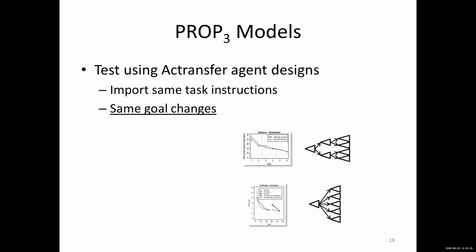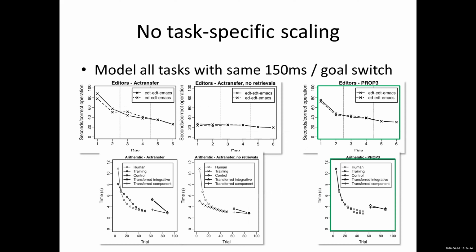And we test this using the same Actransfer agent designs that I've already been showing you their results from. We'll import the same agent task instructions that they used and use the same goal changes. But now every time we change a goal, that adds our 150 milliseconds, which were not represented in the Actransfer agent. All right, and we look at our results.